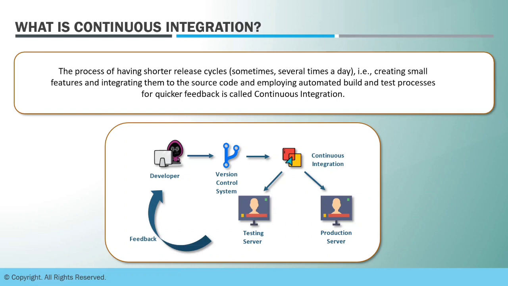They want their software modules to be deployed on the test server, tested, and they want to see the end results, whether the module is ready to be deployed on the production server.